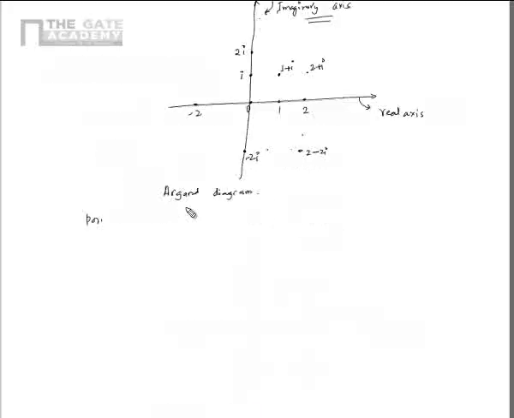So points on the x-axis correspond to real numbers x plus 0i, and that is the real axis.